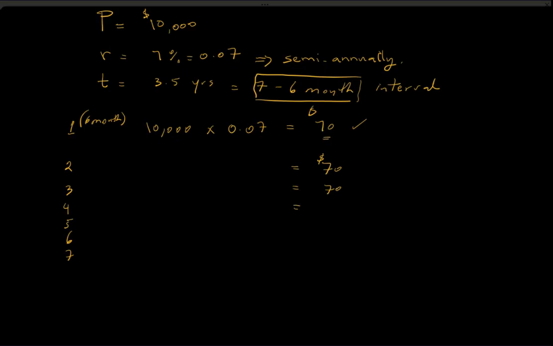So how many times do you get this $70? Well, you get it 7 times. So you multiply these. So 1, 2, 3, 4, 5, 6, 7. That is $490 for the 10 grand that she puts in.